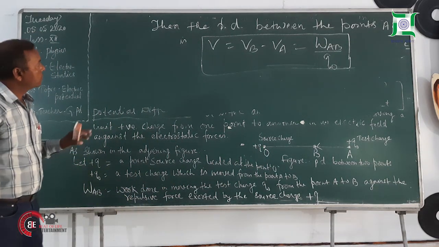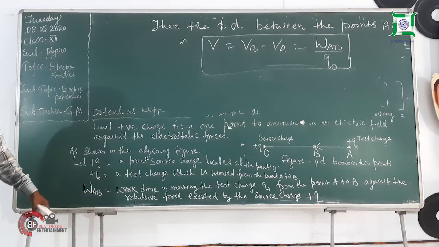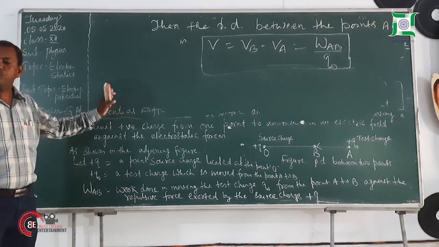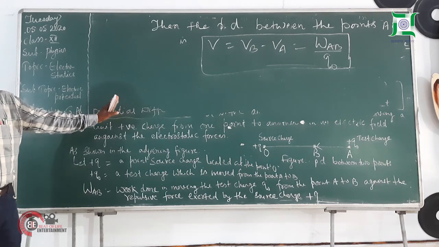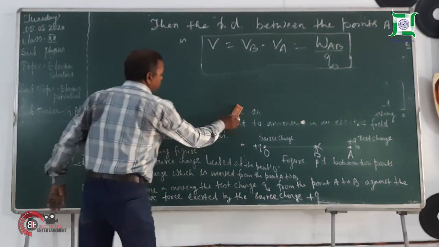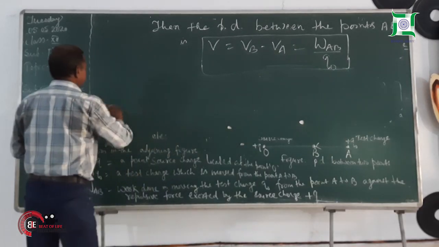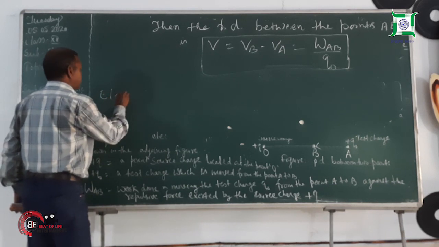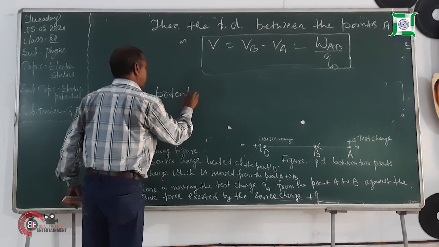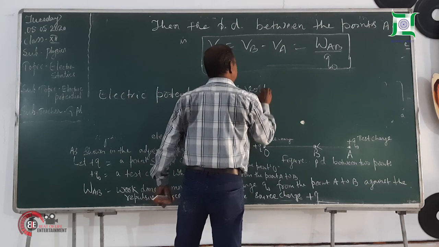Let us define electric potential of 1 volt and potential difference of 1 volt.